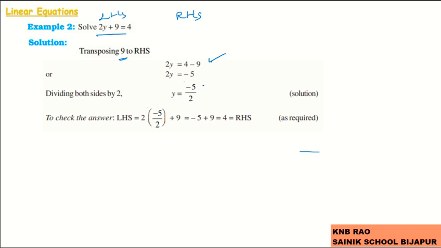So the technique of transposing can also be used for solving. 4 minus 9 is simplified as minus 5, and 2y equals to minus 5, where 2 is multiplicand, by dividing both sides by 2, or the same transposing technique we can apply. So transposing multiplicand 2 from left hand side to right hand side, it divides.